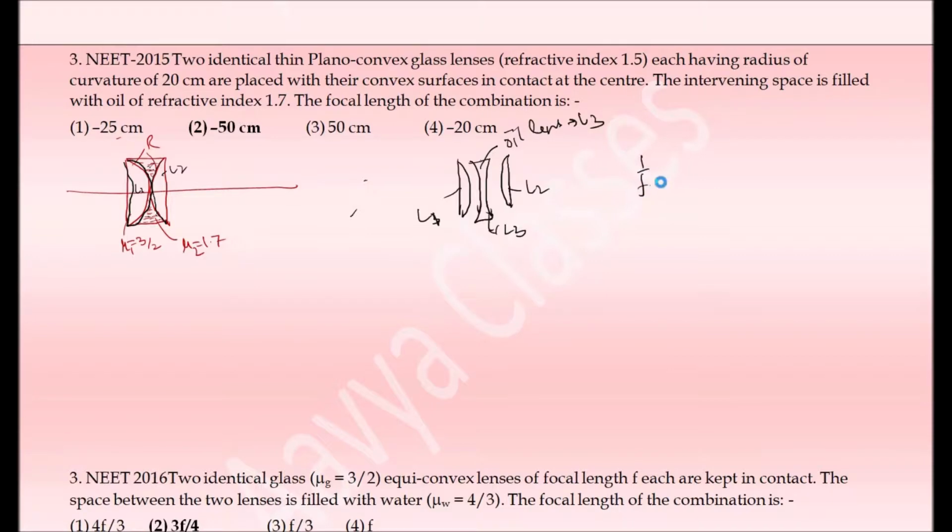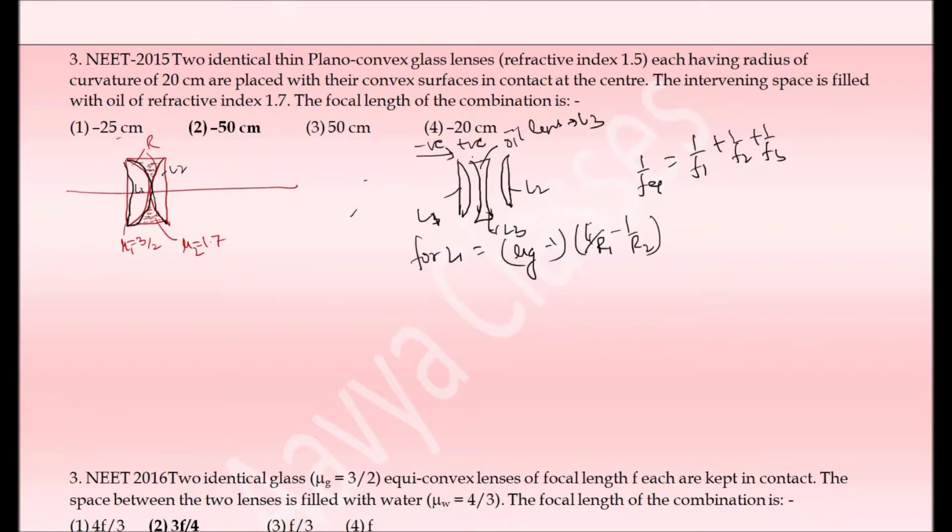By using this formula, 1 by F equivalent is equal to 1 by F1 plus 1 by F2 plus 1 by F3. For L1, the focal length is given by (mu g minus 1)(1 by R1 minus 1 by R2). For this lens, the direction of the incident light ray is taken as positive and the opposite direction is taken as negative.